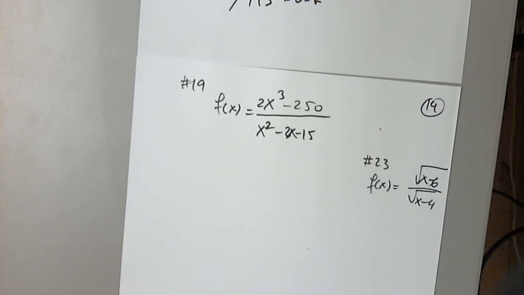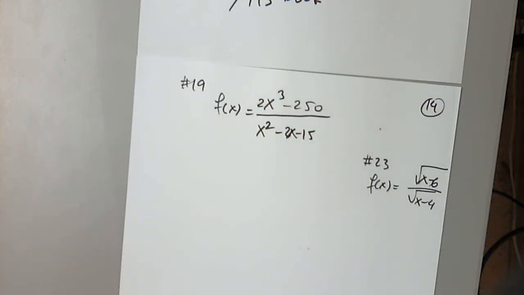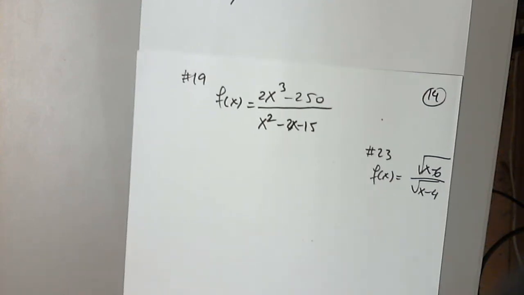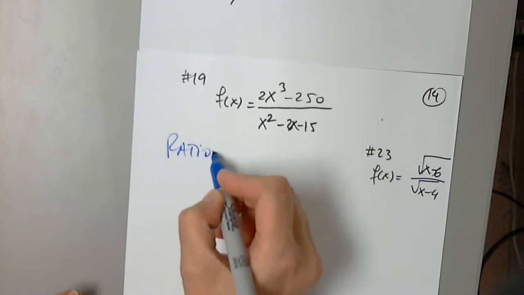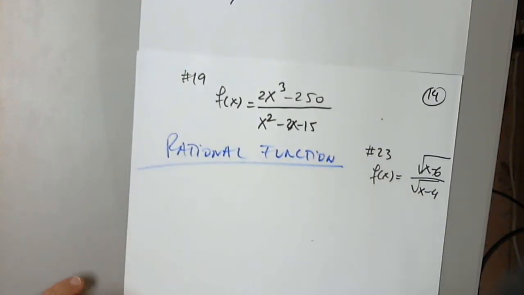So what type of function is this? We solved equations a long time ago. We know what function this is. Rational, very good. What is the danger?